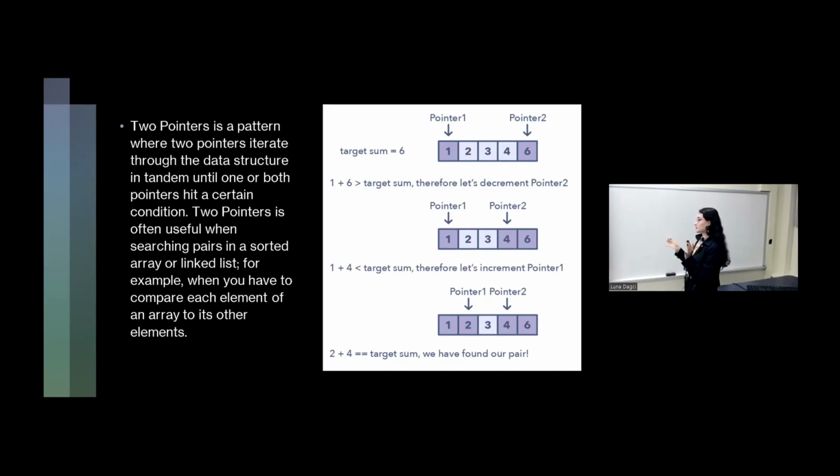Let's say we now decremented the right pointer. Now we're summing up 1 and 4, and it is less than the target sum. So to find our target sum, we increment left because we're trying to find a larger value. And if it's the result we're looking for, then we just return it.